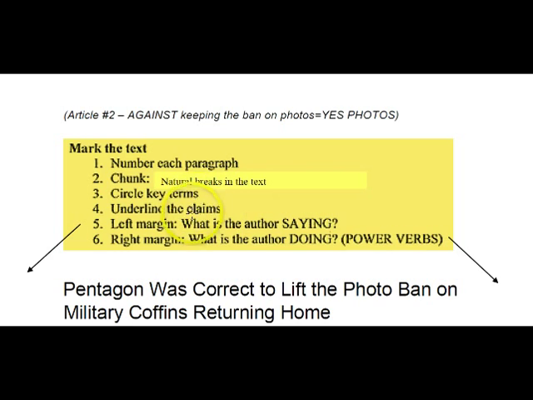Underline the claims the author makes or his belief statements. In the left margin over here, summarize each chunk, telling what the author is saying. And in the right margin, using power verbs, tell what the author is doing in that part right there. And that is how you're going to do both of these articles with a close reading technique.